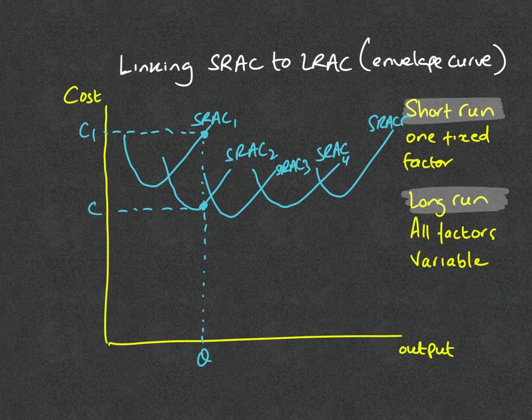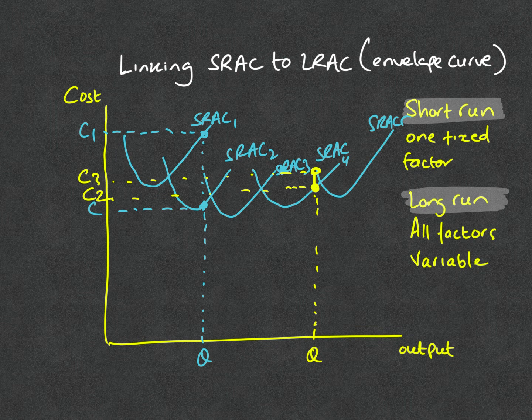So if we pick another quantity here at Q and take this up, you would want to operate at this level of cost, C2, and not the higher level of cost on SRAC5, C3. You could also choose C3 at that level of quantity, but you're not going to because it's a higher cost. And you can see how the envelope forms.